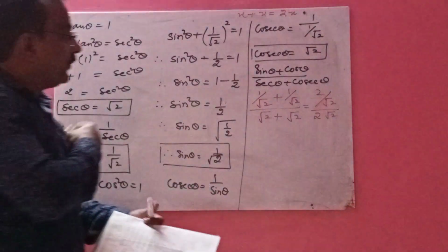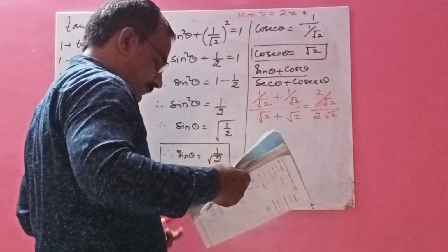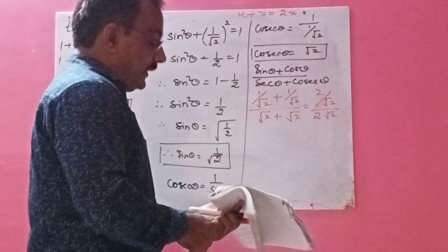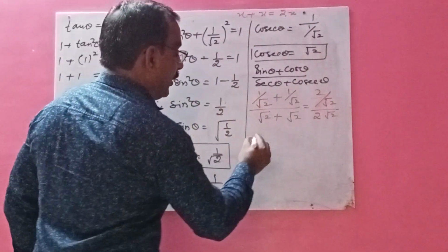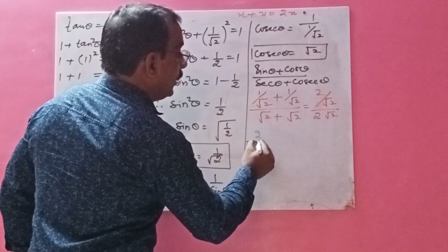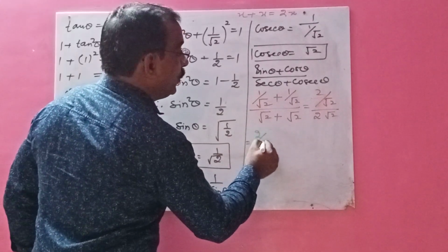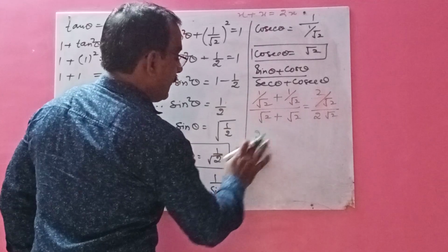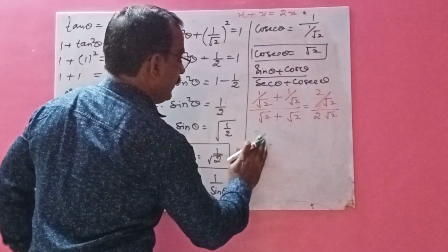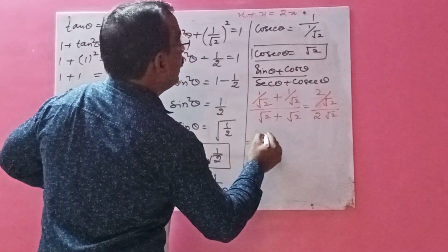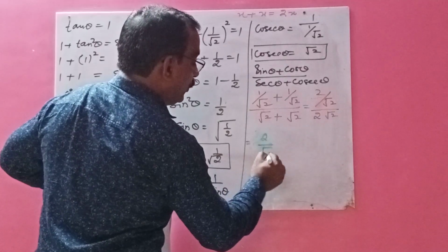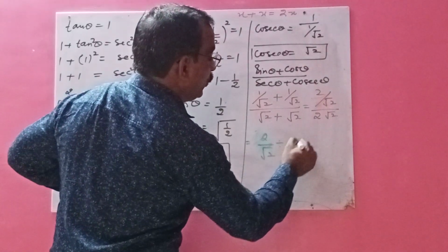So this will become what now? See how I am solving this one. 2 upon root 2 divided by 2 root 2.